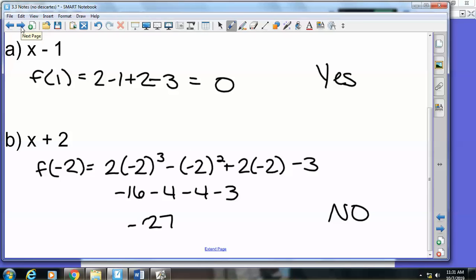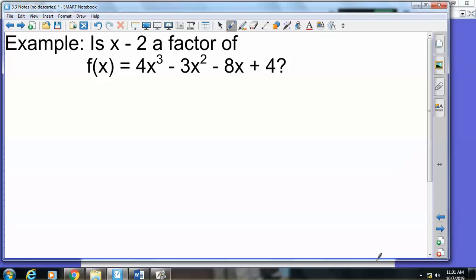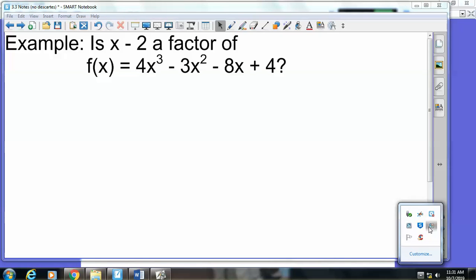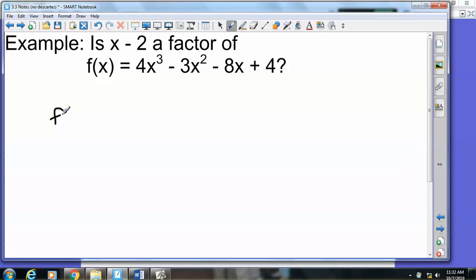You guys do the next one. Decide if x minus 2 is a factor of this polynomial. And what did you guys get?